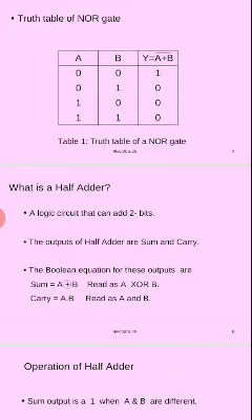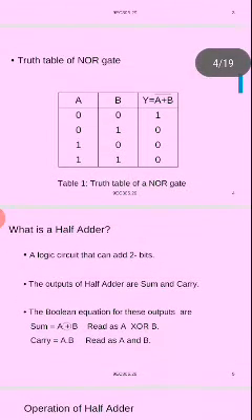There are four combinations for two inputs. It means 2 power 2, 4 combinations.